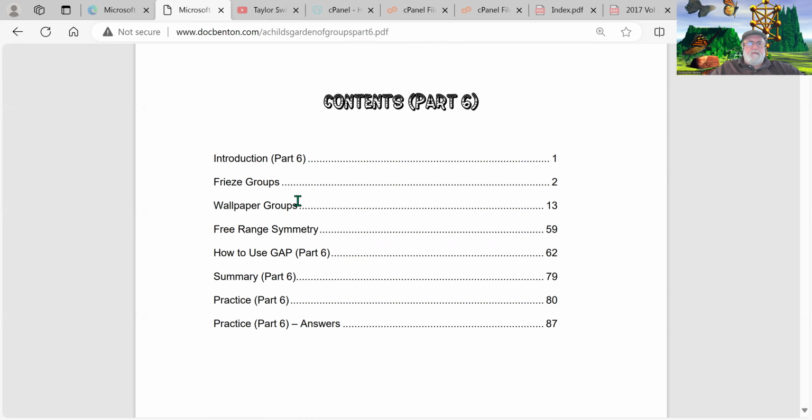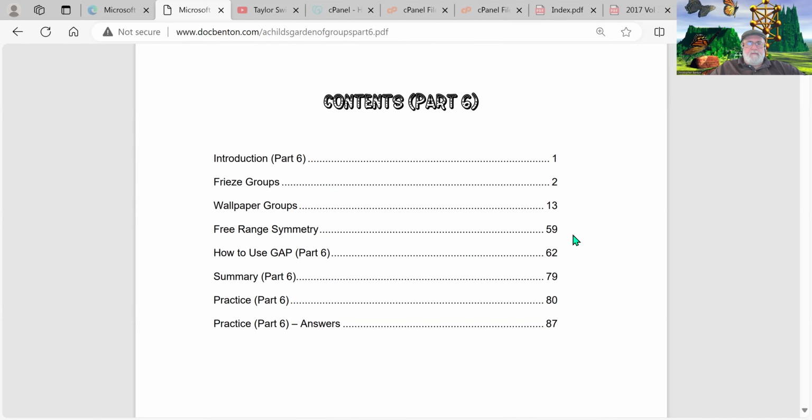I explain frieze groups. Those are those decorative patterns you have going around the top of some of those Greek columns. Then wallpaper groups, and then something a little less rigid than frieze groups or wallpaper groups in terms of the rules, something I call free range symmetry, which relates more to how we identify certain kinds of symmetry in our lives, both visually and otherwise.